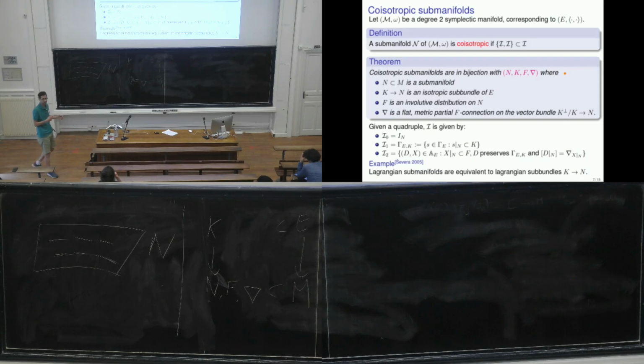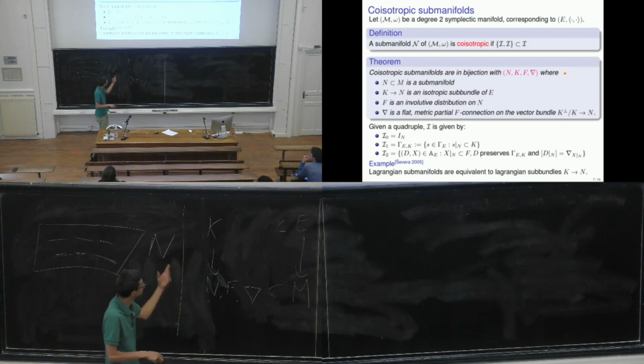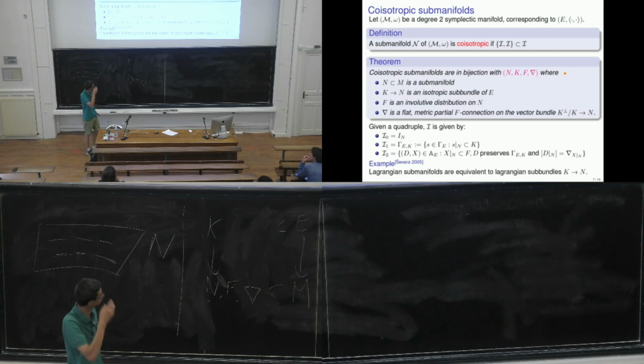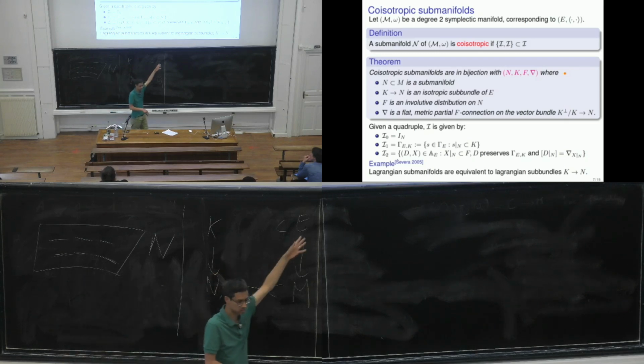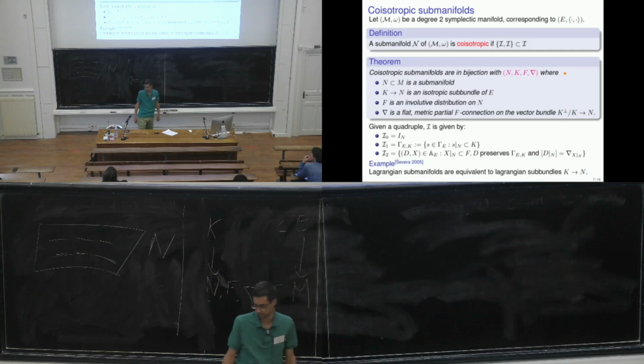I have to specify a subset of those, and I take those which are compatible with the foliation and with K. So the symbol of the covariant differential operator restricted to N lies in F, the foliation, and the covariant differential operator preserves the sections that restrict to K, plus one more property.